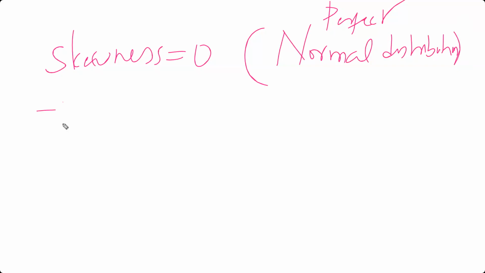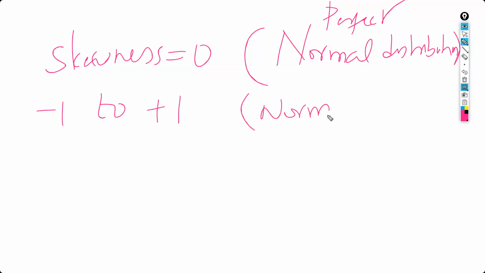So if the skewness value is between -1 to +1, we still consider it a normal distribution. Why? Because maybe one or two records are more on the right or left side, and for one or two records we don't need to show that much difference.